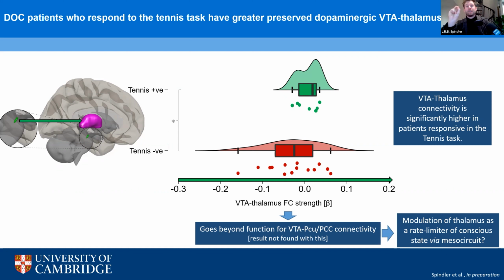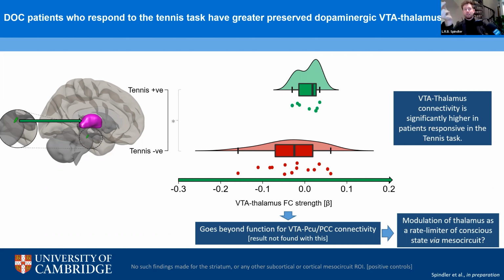So could it be that these two aspects are acting together to attune function within a component of the mesocircuit? And again, as a positive control, we ran lots of other ROI-based analyses, and this effect was not found for any of the other mesocircuit ROIs, be they cortical or subcortical.